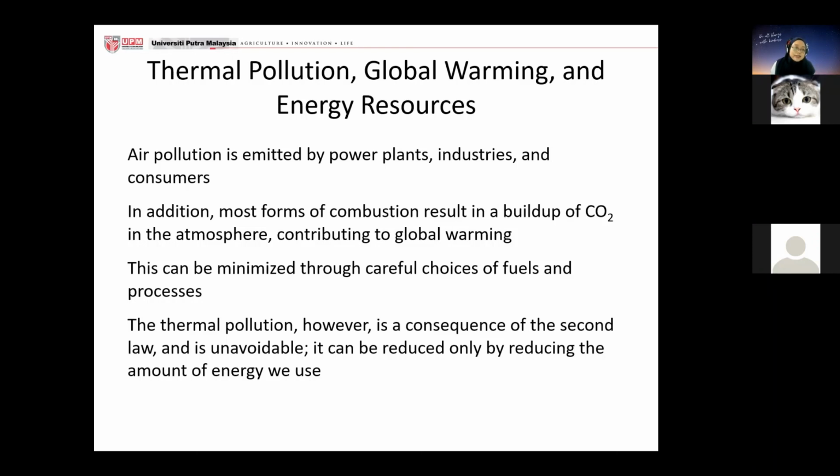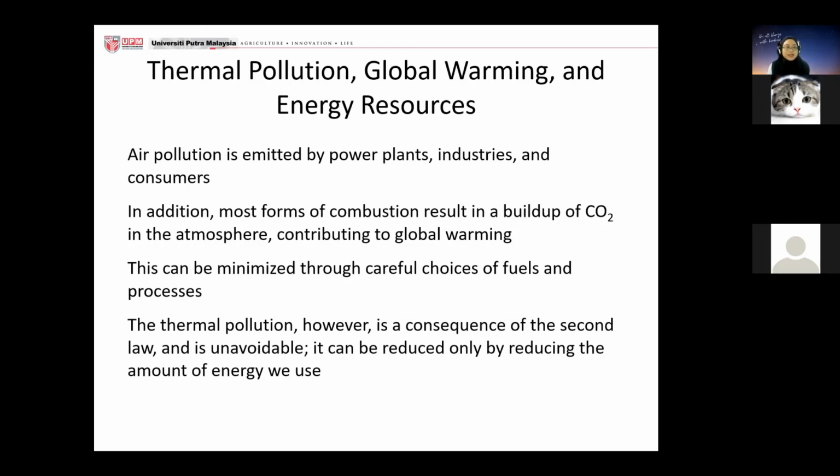The energy that we are using every day is actually one of the major contributors to greenhouse gases. Okay, and that's why it relates directly to the CO2 that is in the atmosphere. So how much energy we are using is actually giving impacts to the environment.